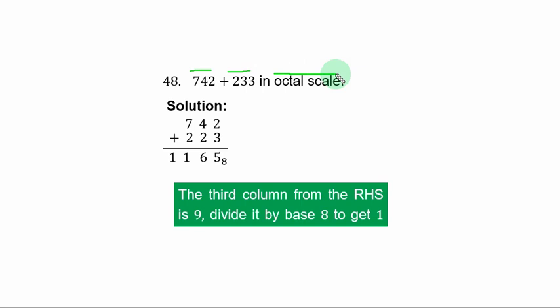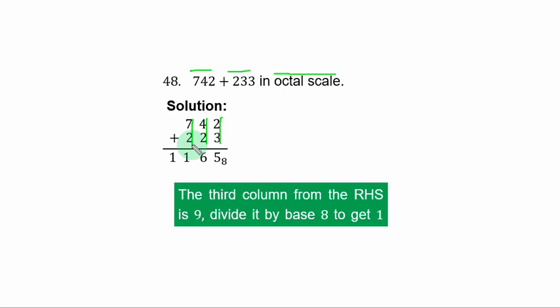So we arrange the numbers for addition properly, and you start from the unit side, or from right to left, where you have 2 plus 3 equal to 5. You write it down. 4 plus 2 equal to 6. You write it down. 7 plus 2 equal to 9.